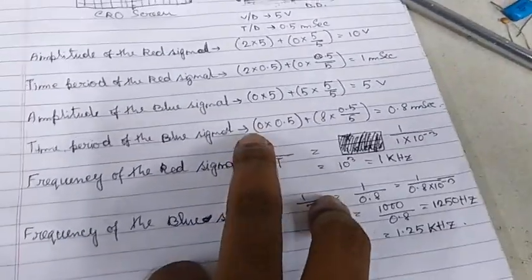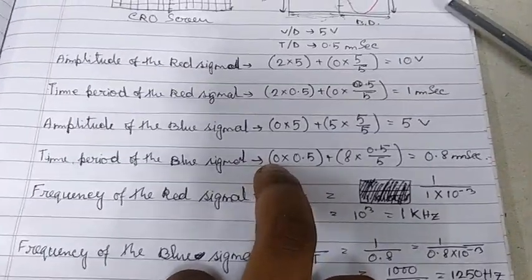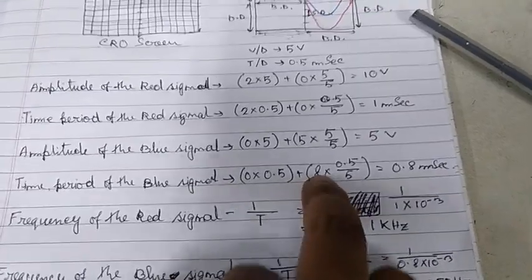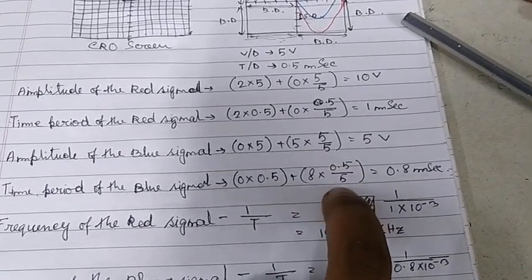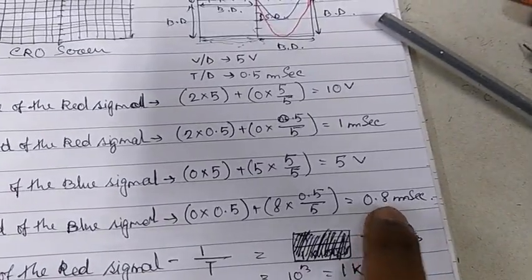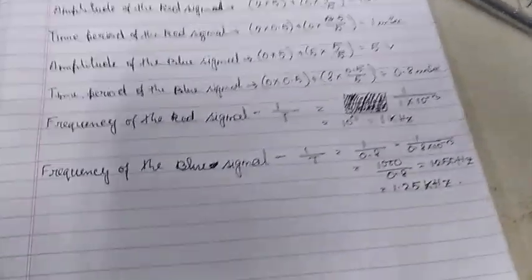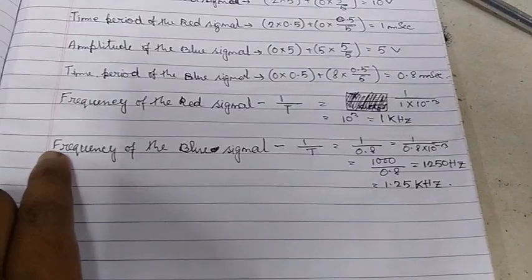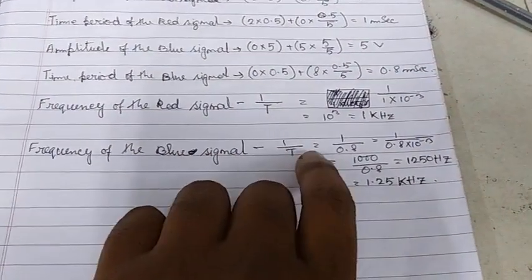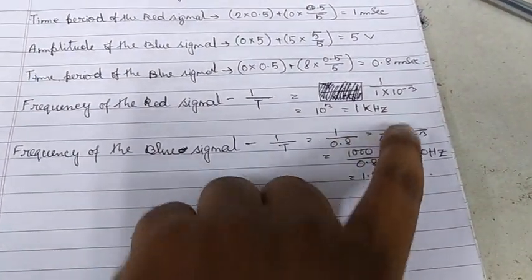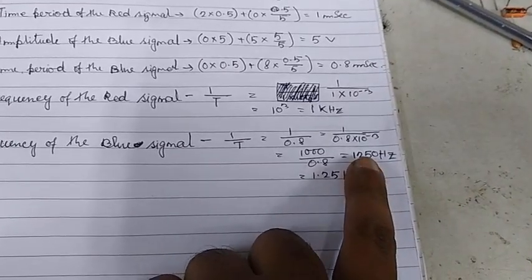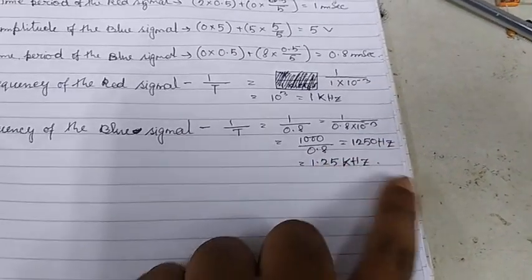So here also we have written number of big divisions is 0 and number of small divisions is 8 into 0.5 by 5, that makes 0.8 millisecond. Now if I get the time period, I will get the frequency also, reciprocal of time period, 1 by 0.8, that makes 1250, that is 1250 hertz, that is 1.25 kilohertz.